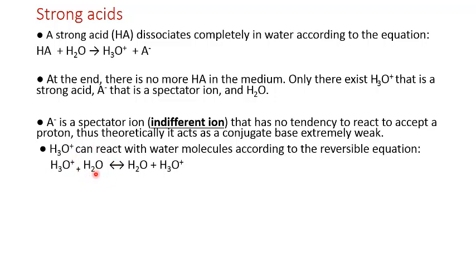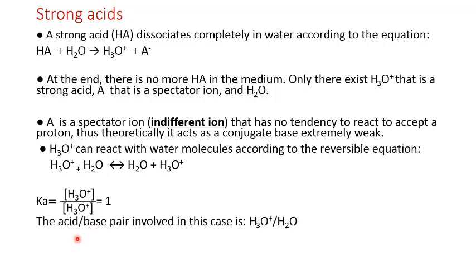H3O+ plus H2O, reversibly. Now let's calculate Ka. Ka, by definition, according to what we have seen in the previous slide, is equal to H3O+ over H3O+ here. So it is almost equal to 1, and this value is to be generalized for all strong acids.